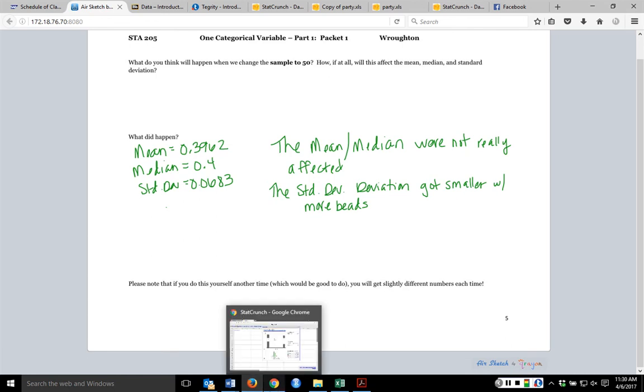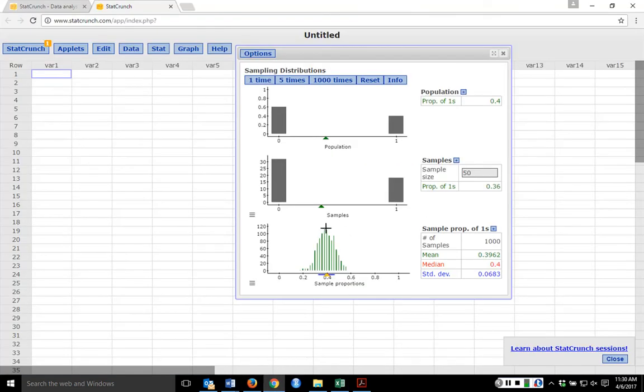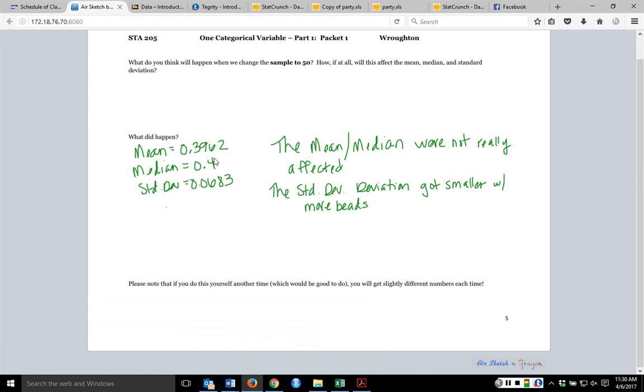Also, because this is going to help you dive into class a little bit better next time, look at this picture. You notice how it kind of looks symmetric and bell-shaped? It kind of looks like a normal curve that we've seen before. So we're going to try to take this idea of a normal curve and apply it to things next time. But again, what I want you to remember is when we sampled, go back over here, each time I did this of these numbers, and I'll go ahead and box those in, that way all the boxed numbers are the ones that we're comparing.